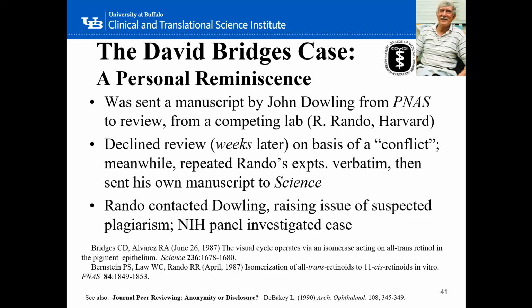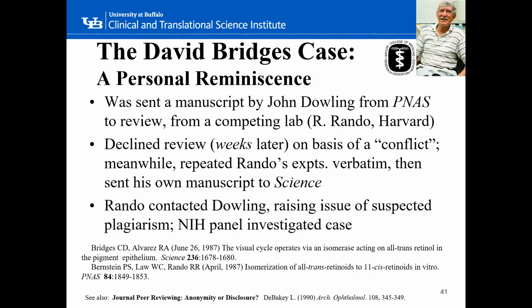He was sent a manuscript from Dr. John Dowling, who was a member of the National Academy of Sciences and a professor of biology and biological sciences at Harvard University. And he was sent this paper to review from a competing laboratory, Robert Rando at Harvard.